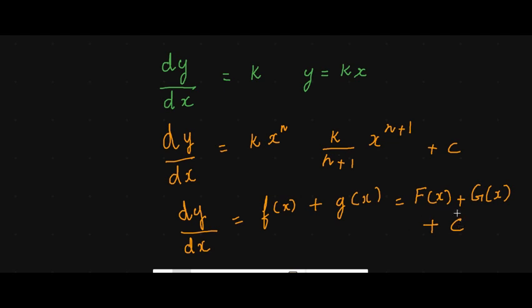For example, if somebody is giving you x cube plus x square, you find the antiderivative of the first function, then find the antiderivative of the second function, and add a constant. I'll show you when we do the examples. But it's important that you remember these rules. These rules are quite important.